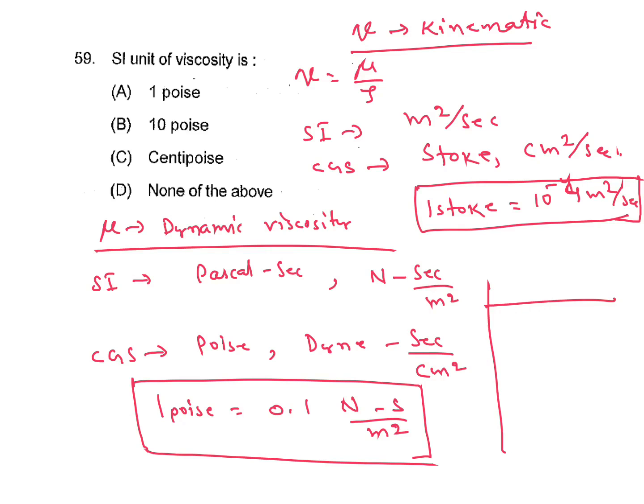And one more thing is important here. For water, you have to remember this one. Sometimes in the problem they will not give the value of viscosity of water. Viscosity of water at 20 degrees Celsius, its value is 1 centipoise.